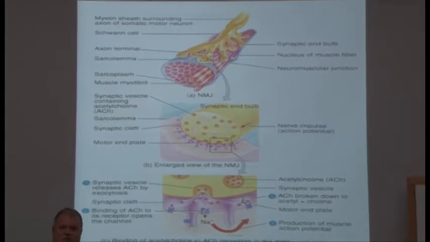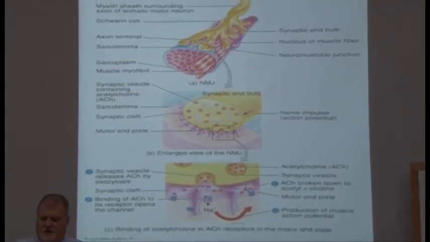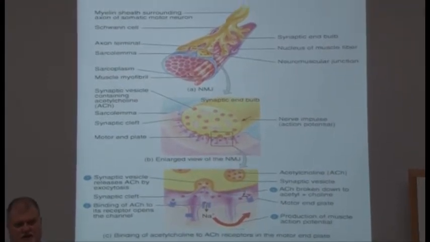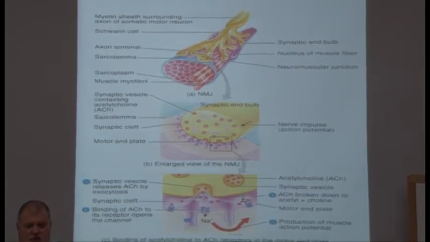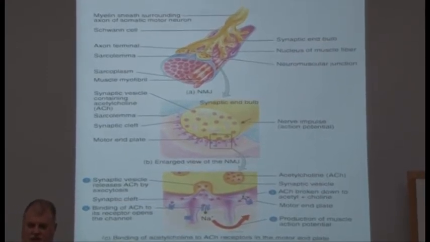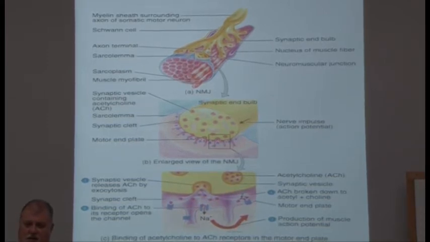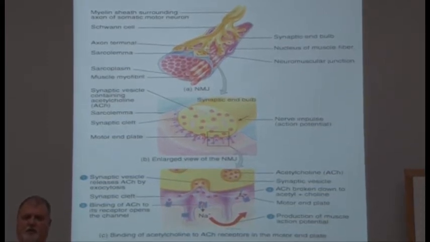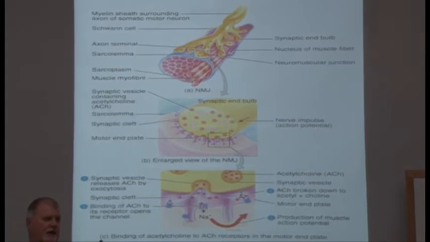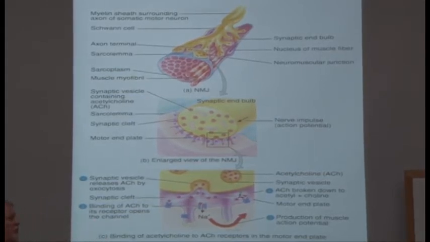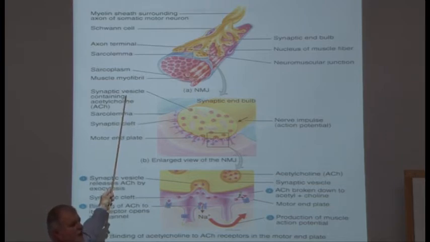So the neuron's nucleus has the gene to code for the formation of acetylcholine. Acetylcholine is produced on ER and then packaged by Golgi apparatus. And then it builds up in the synaptic terminal in these vesicles that were created by the Golgi apparatus.